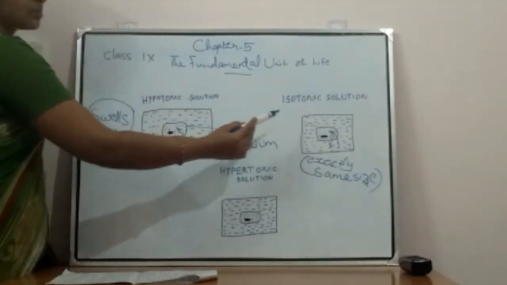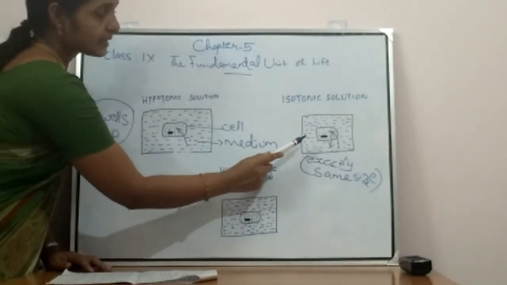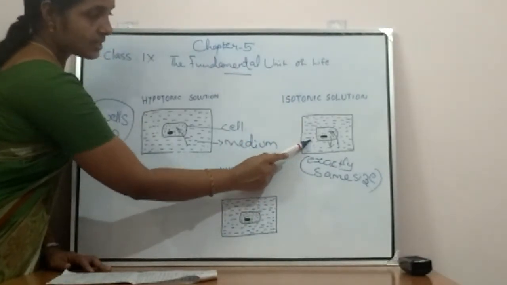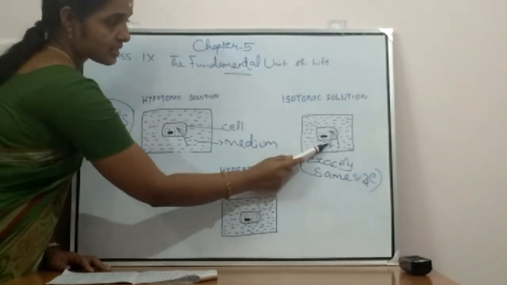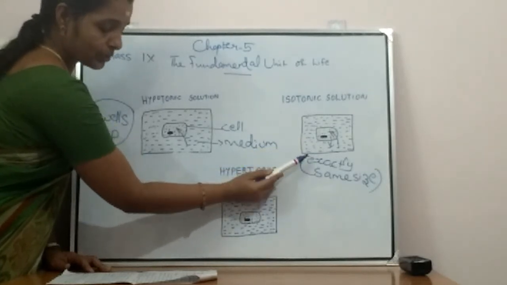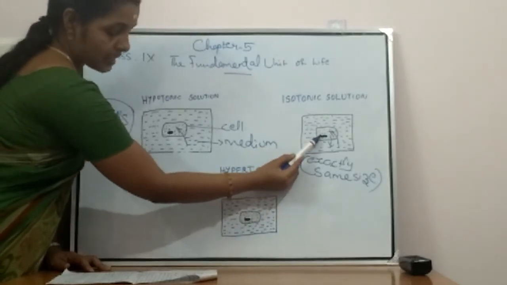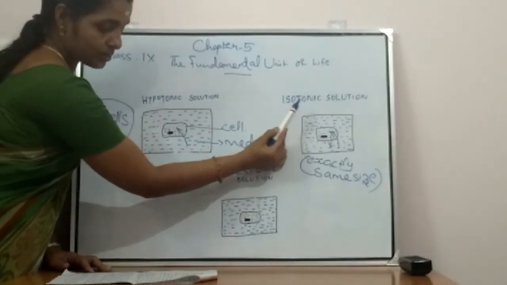Once again, what is isotonic solution? If the medium has exactly the same water concentration as the cell, there will be no net movement of water across the cell membrane. Such a solution is known as isotonic solution.